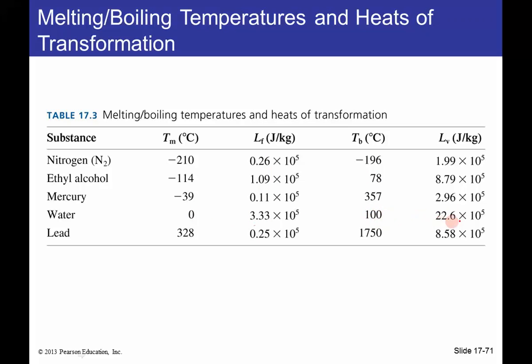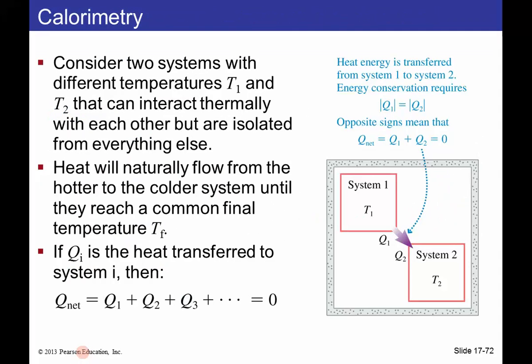This is the amount of heat that you need to make water into vapor, into gas. Compare this 22.6 with the others. We have alcohol, mercury, and lead also in this table.